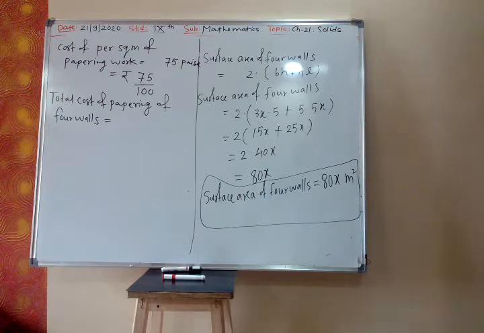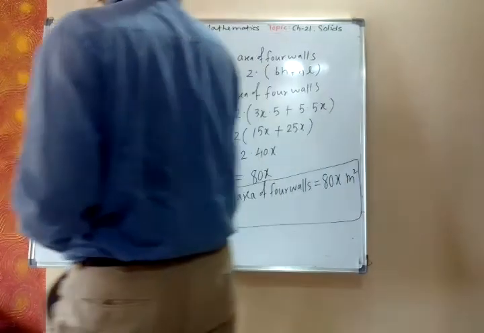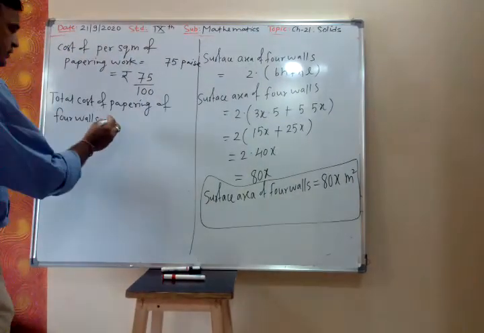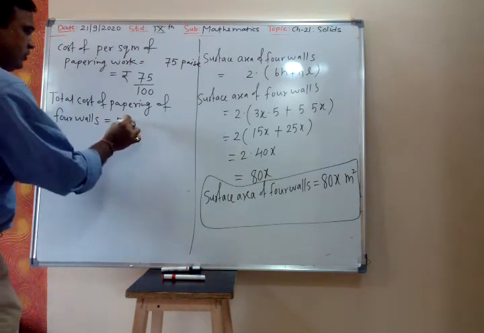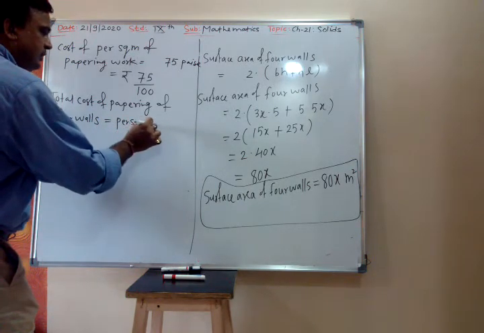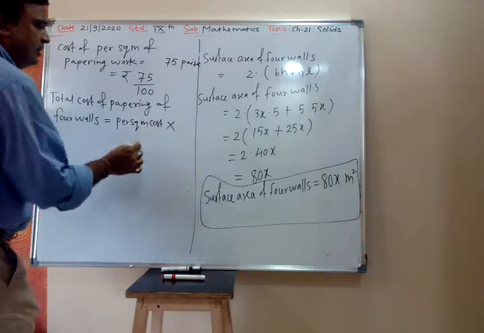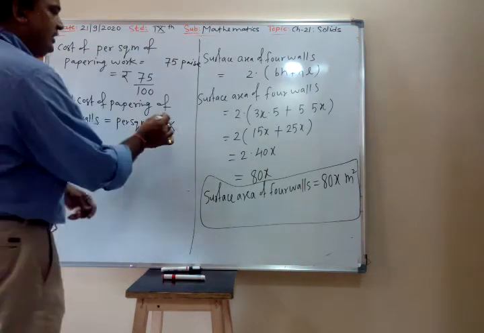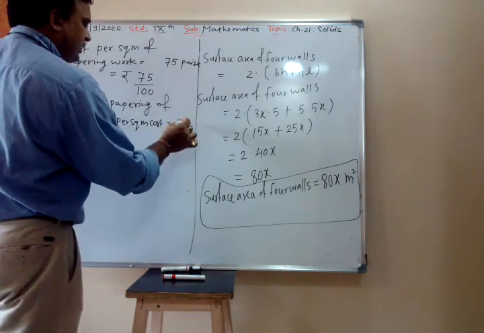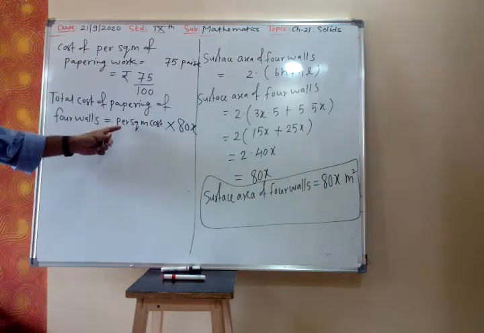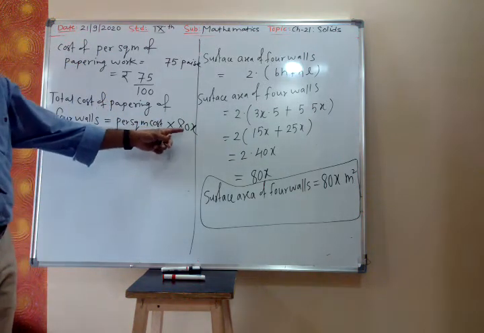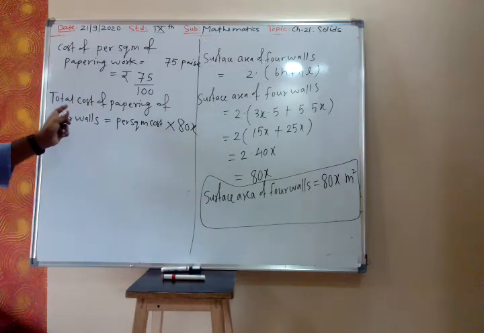That is per square meter cost into total area. What is total area? 80x, no? Total area is 80x. Per square meter cost into total area will be the total cost of papering.